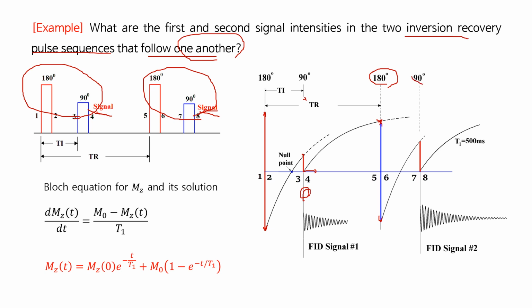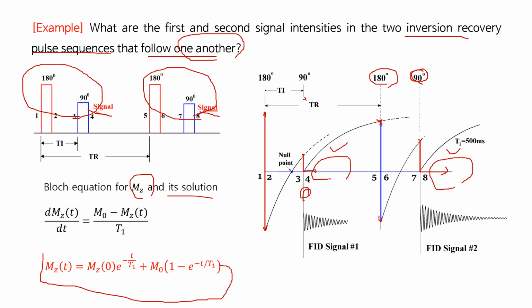At this moment, a 90-degree pulse is applied. Then this longitudinal magnetization will become transverse magnetization and be detected as the second signal. So the question is to find the first and the second signals. For the equation of Mz, we already mentioned this equation in the first lecture.